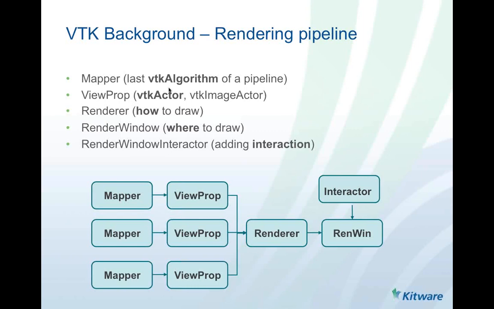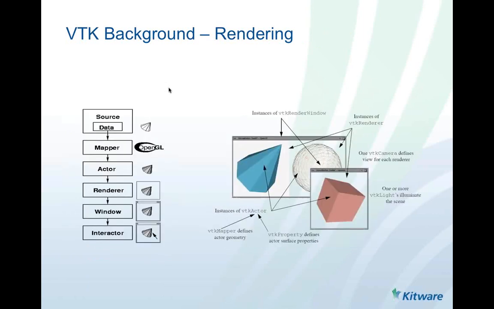And then one or more renderers feed into a render window, which typically interfaces with your operating system's window system to draw some window on the screen and so forth. And then interaction in VTK's case comes in through the interactor class, whereby the render window is notified of things like mouse events, keyboard events, and so forth.